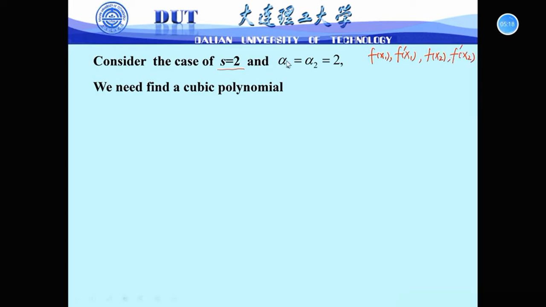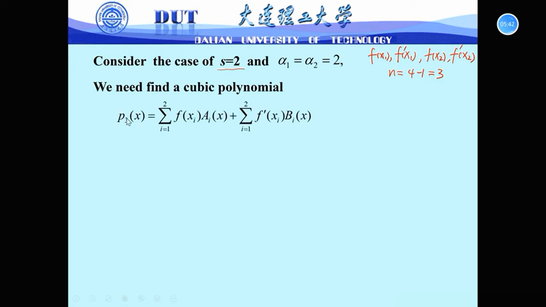So we now have four conditions, so n should be equal to 4 minus 1, it is 3, right? You should remember the degree of the polynomial equals the number of conditions minus 1. So we need to find a cubic polynomial.